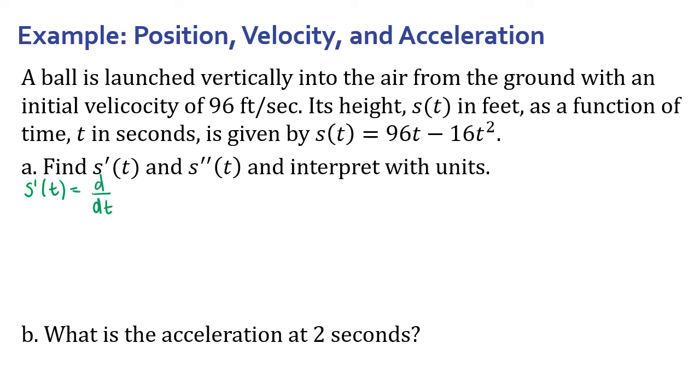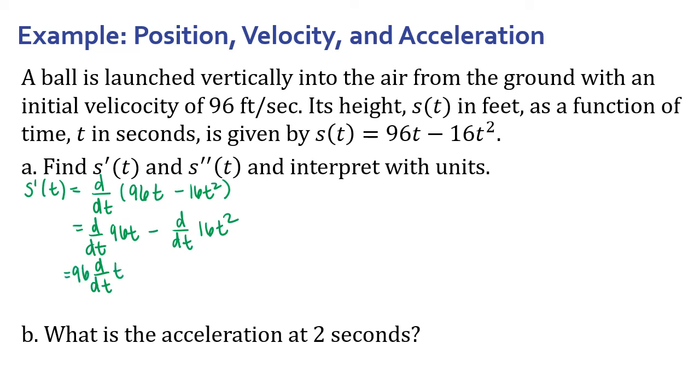Okay, so that first derivative, which is that velocity function, so that's now, instead of having to do the long way to find that derivative, which we've done, and it took a while, we can use our nice little formulas now. All right, so we get taking the derivative of this function. So that's going to give us d over dt of 96t minus the derivative with respect to t of 16t squared. So I can move that 96 out in front.